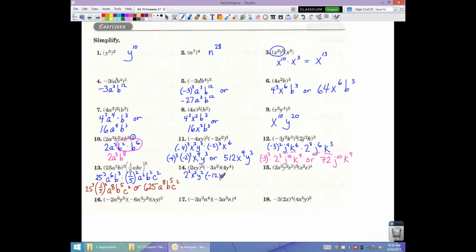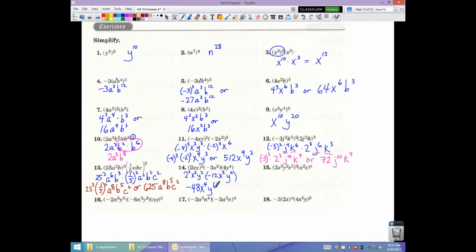X squared, y to the 4th can't be simplified any further. And now I multiply these two parts. So 2 squared is actually 4 times negative 12 is negative 48. X squared times x squared is x to the 4th. Y squared times y to the 4th is y to the 6th.